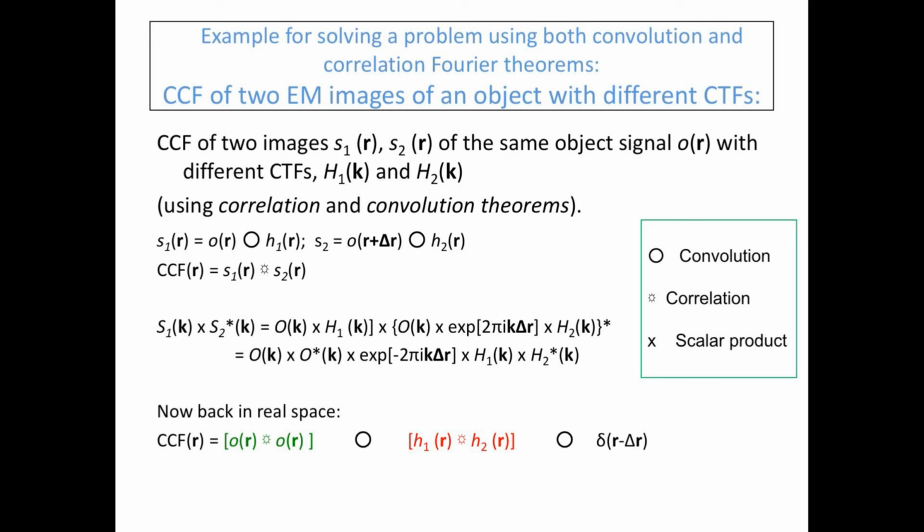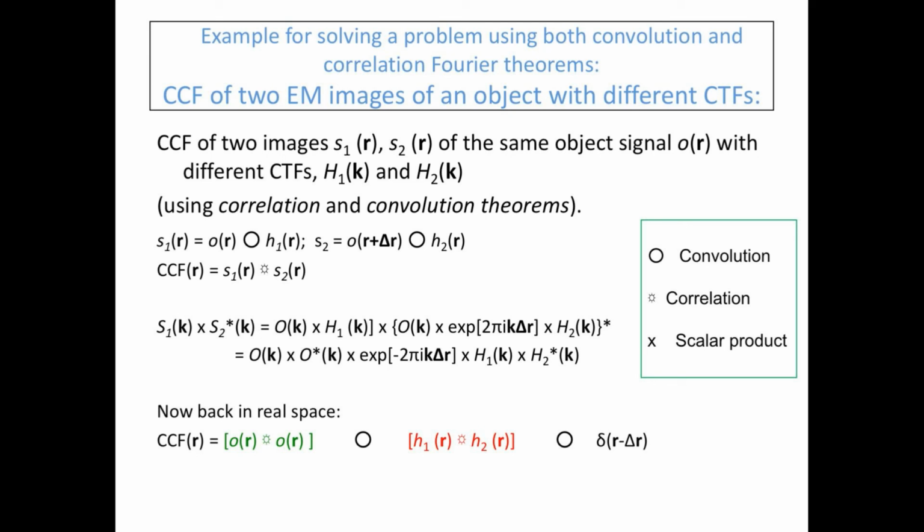So this is sort of neat. What it tells us is we can disregard this one here, and we can just focus on the relationship between the two point spread functions.